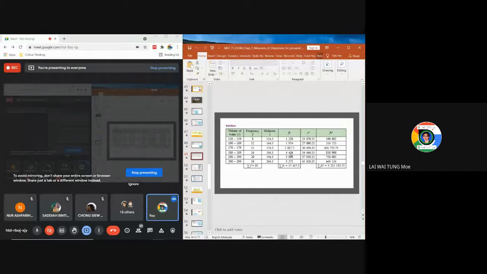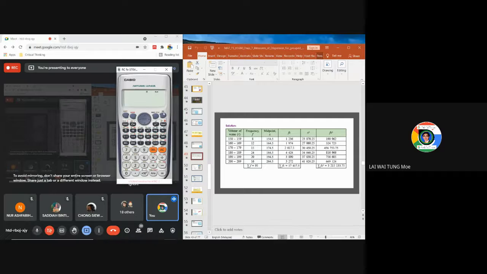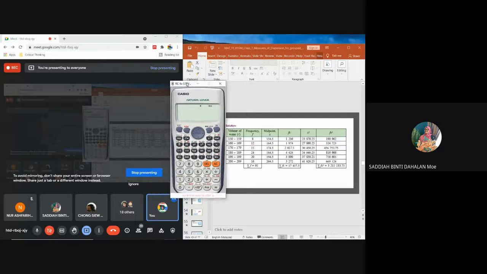No need to add all these numbers together. Let me show you. Can you see my calculator? Can? Yes. Okay, very good.